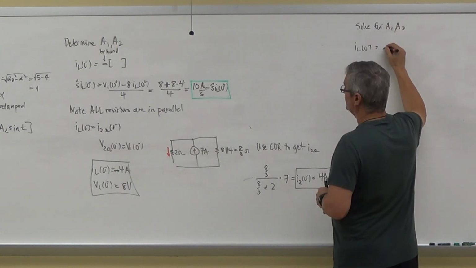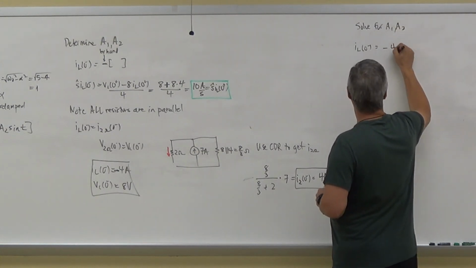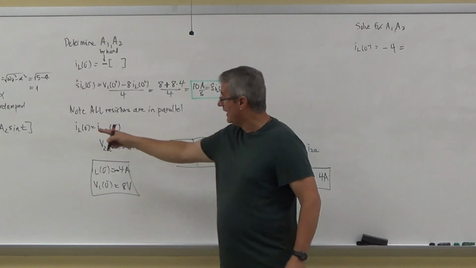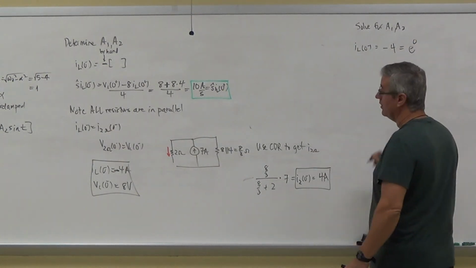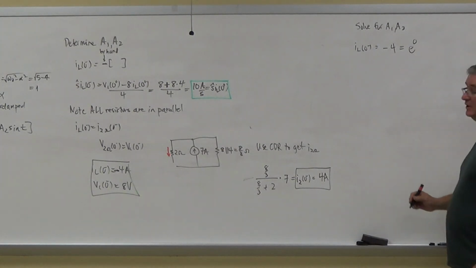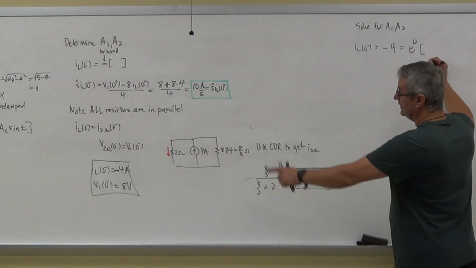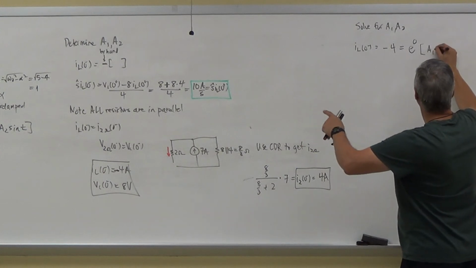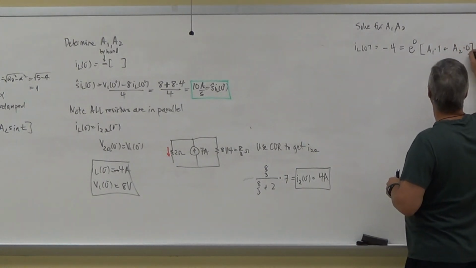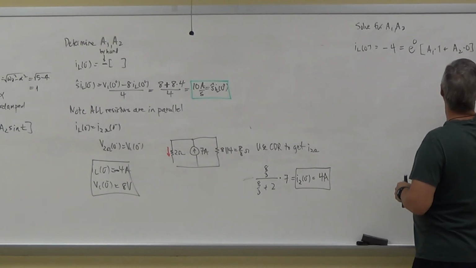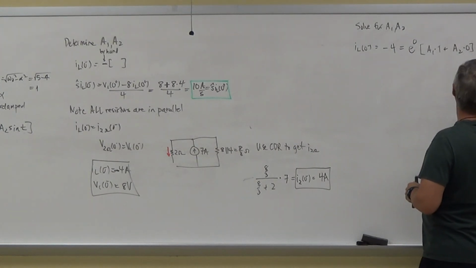So this guy is going to be minus 4. And then I have that solution here, which will give me e to the 0. And then I got to put in 0 for my time here. So then I get A1 times 1 plus A2 times 0 tells me that A1 must equal minus 4.